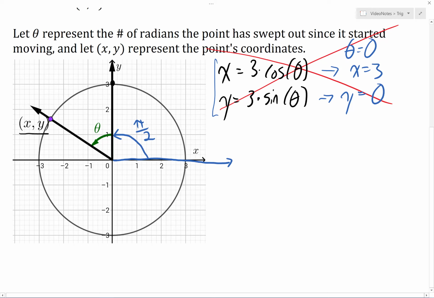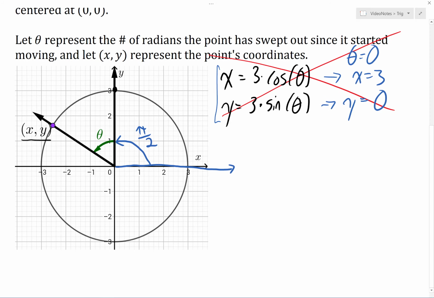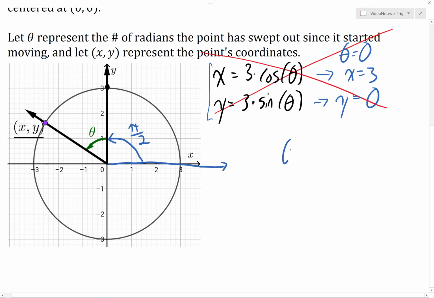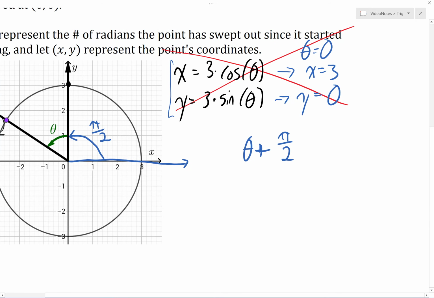So even though the point has swept out theta radians, we can think of this as having swept out theta plus an additional pi over 2 radians from the 3 o'clock position. So the point is theta plus pi divided by 2 radians from the 3 o'clock position. So radians, I'll just say from 3 o'clock.